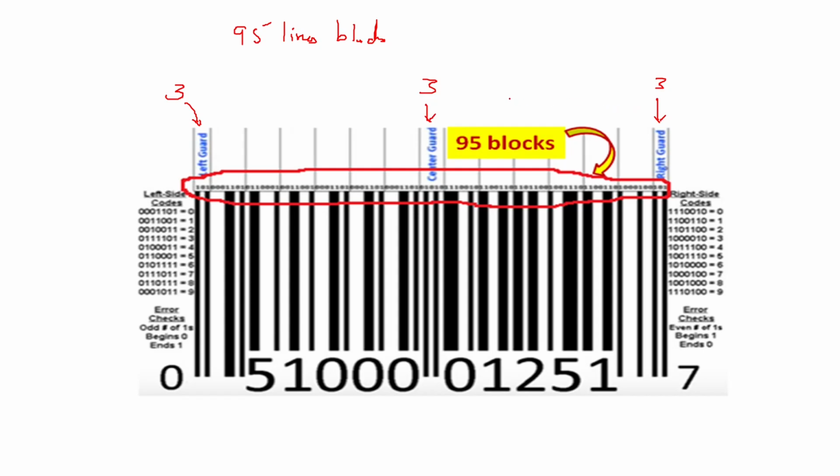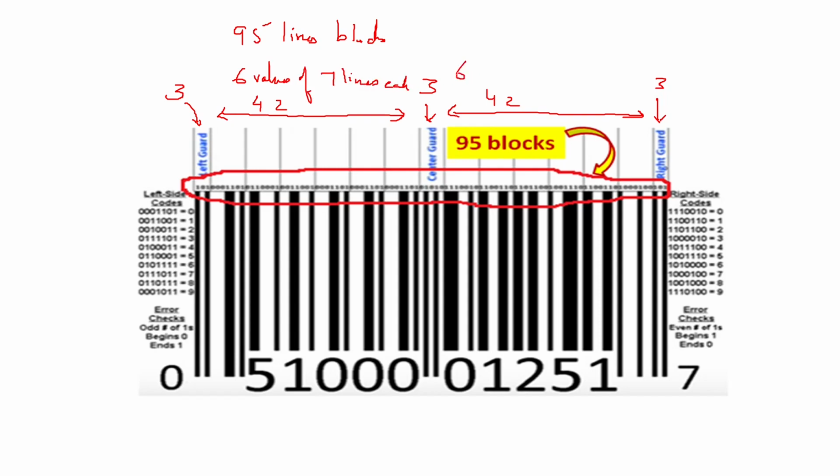Out of that, to represent the data, we will be using 42 lines here, and 42 lines here. In this 42 you will be having 6 numbers or 6 values of 7 lines each.